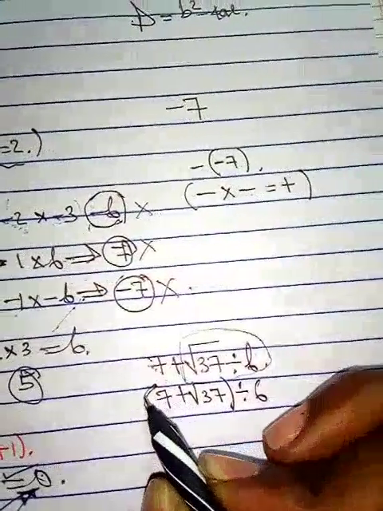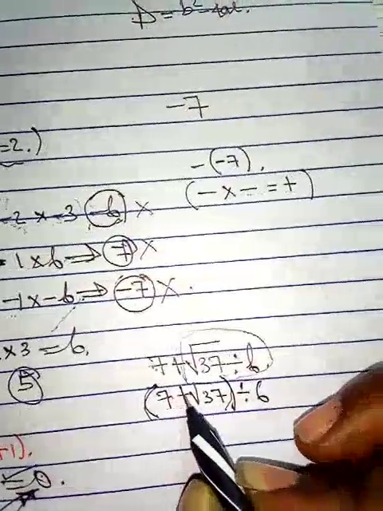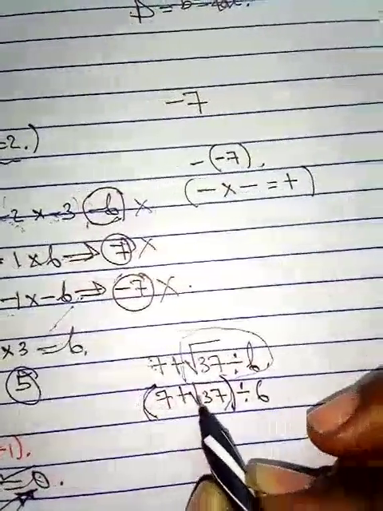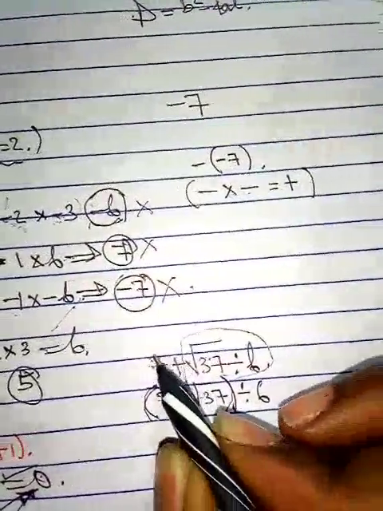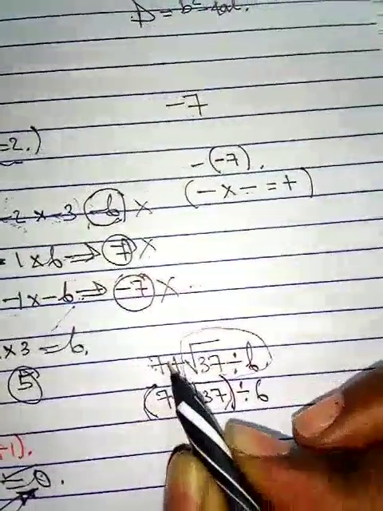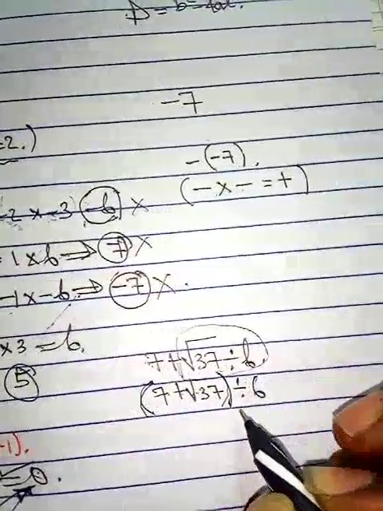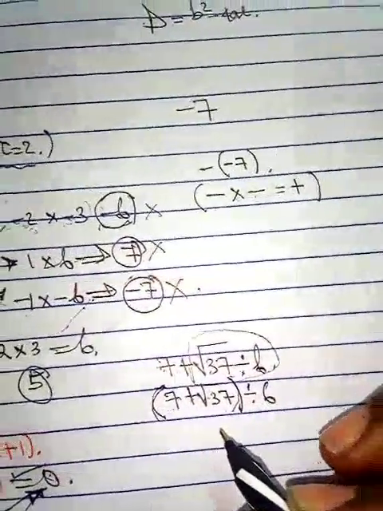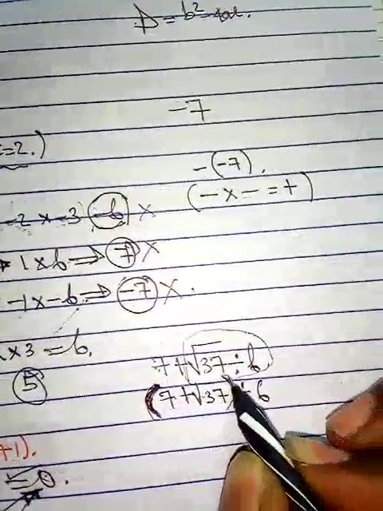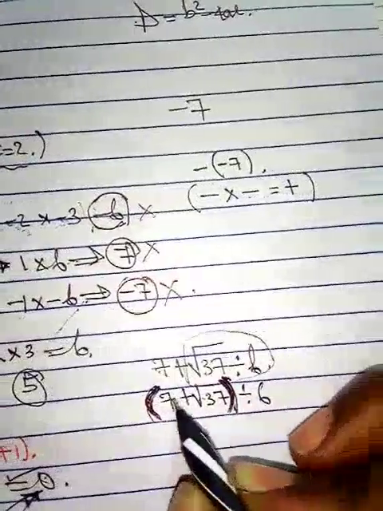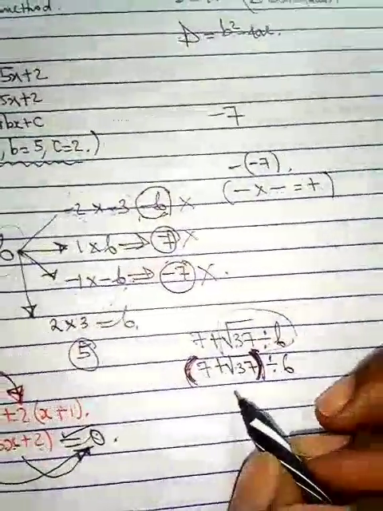But when you put your brackets, you're telling it that you're sorting out what is inside first, and then you divide by the 6 that is down there. So never just write 7 plus root of 37 divided by 6 continuously. That's going to be very, very wrong. Be sure to put your brackets. So 7 plus root of 37, in brackets, divided by 6.